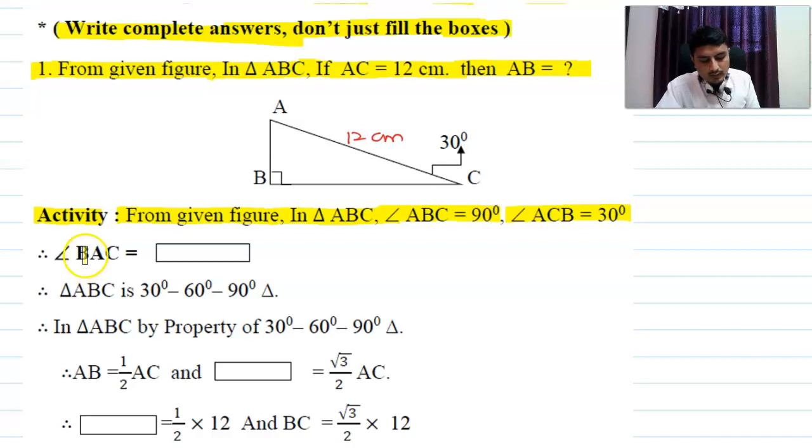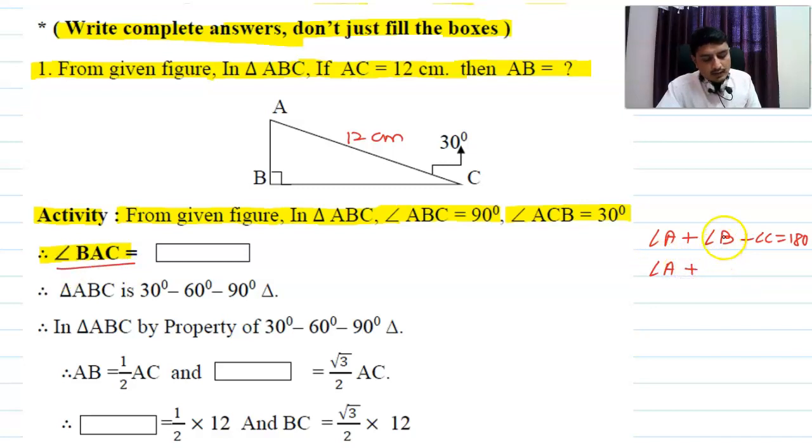Now next to it, angle BAC equals to, once we have the sum of all angles of a given triangle equals 180 degree, here angle A we have to evaluate, that means angle BAC.